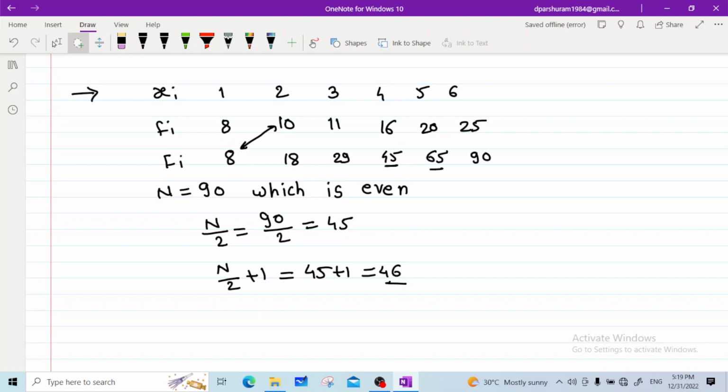So median is equal to 4 plus 5 divided by 2, which is 9 by 2, which is equal to 4.5.